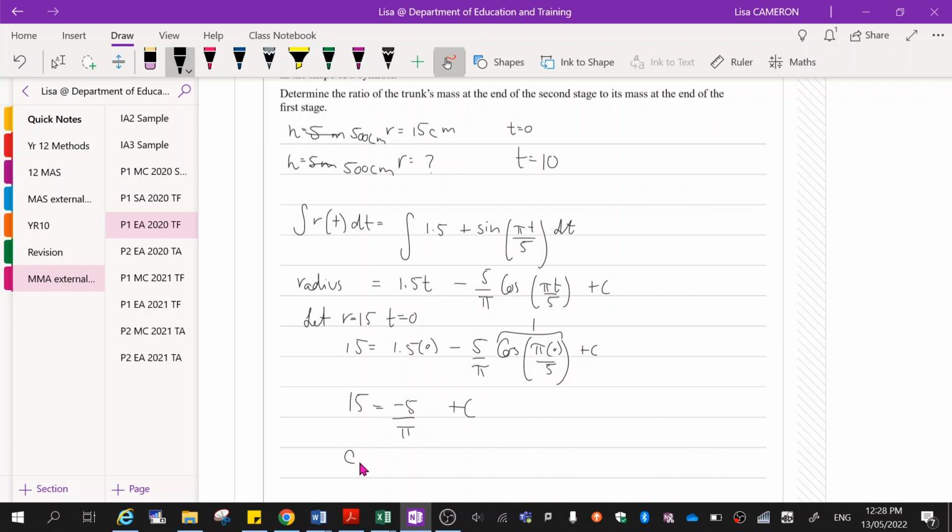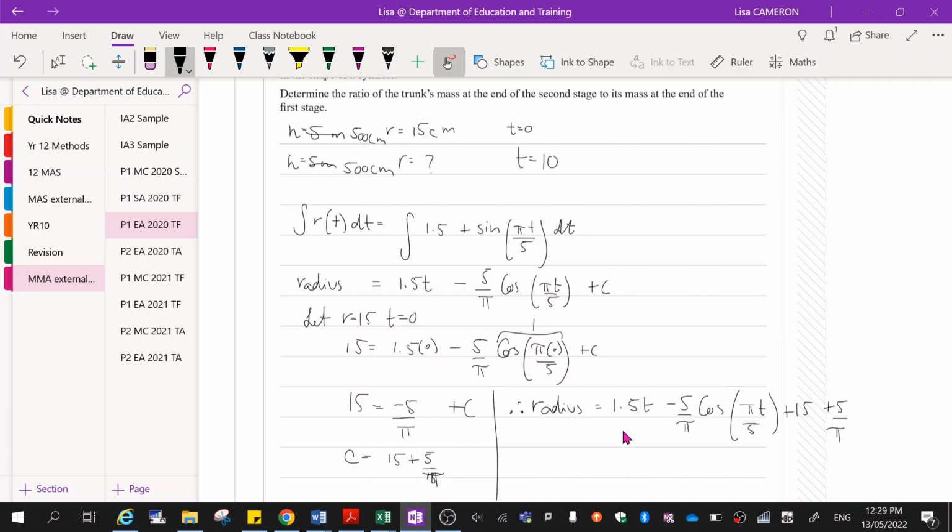Moving this to the other side, c is equal to 15 plus 5 on pi. Now I can complete the equation. The radius is given by 1.5t minus 5 on pi cos of pi t on 5 plus 15 plus 5 on pi.